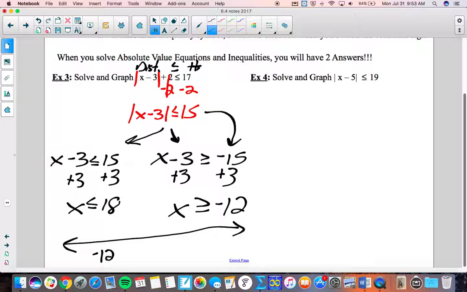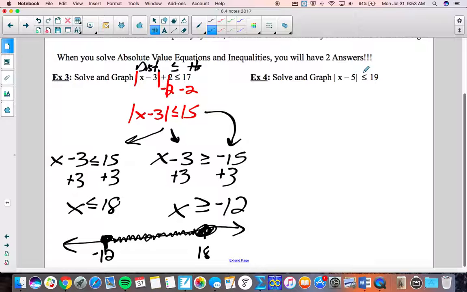The smaller number goes on the left, so -12 is over there, 18 is on the right. X has to be greater than or equal to -12, that's that way. X has to be less than or equal to 18, closed dot, and that's that way. The distance is less than some number. Have to stay close to home.